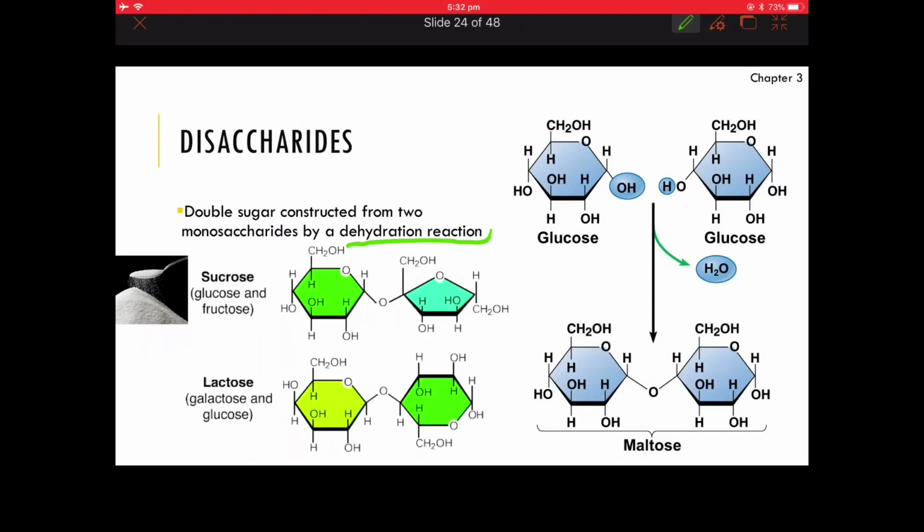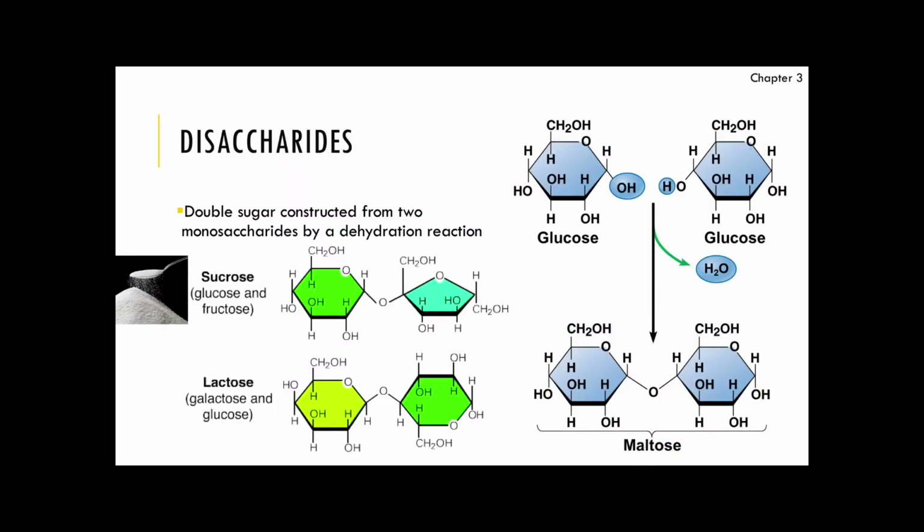This is called a dehydration reaction, and that's why it says double sugar constructed from 2 monosaccharides by a dehydration reaction. This is a monosaccharide. This is a monosaccharide. When they join together, they lose H2O, and that is called a dehydration reaction, creating maltose. So this is what has been created, a disaccharide.